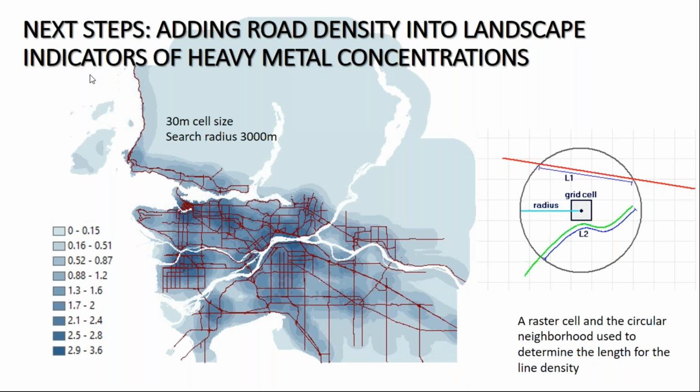And so what we want to do is add to our landscape indicators so that a given watershed has a road density metric as well. And there's a variety of reasons why that might be particularly helpful for heavy metal concentrations in streams.